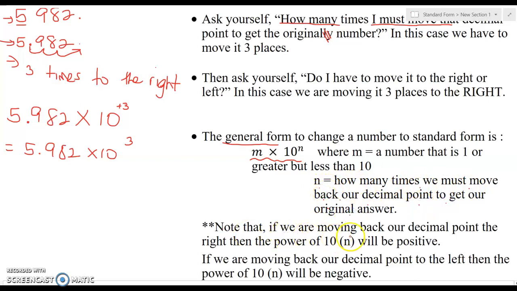Note that if we are moving our decimal point to the right, the power of 10 will be positive, just like in this example, where we move 3 times to the right, so it's positive 3. If we are moving our decimal point to the left, then it'll be negative. And we're going to look at some more questions with the positive and negative.